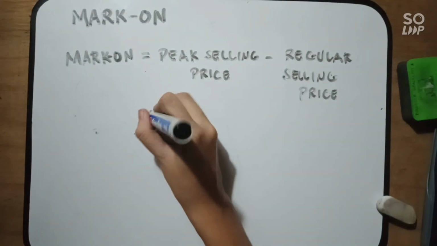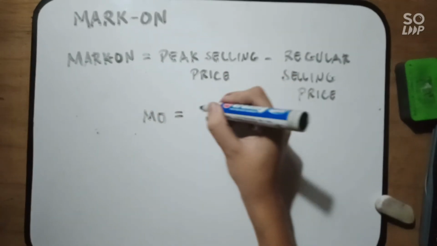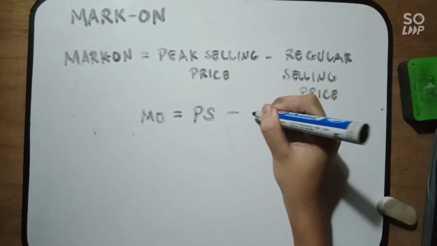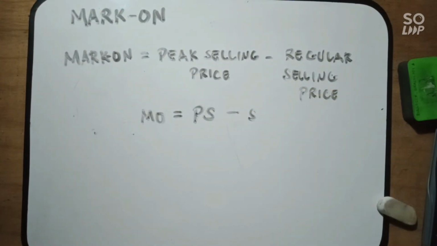Or MO is equal to PS, which is the peak selling price, minus S, or the regular selling price.